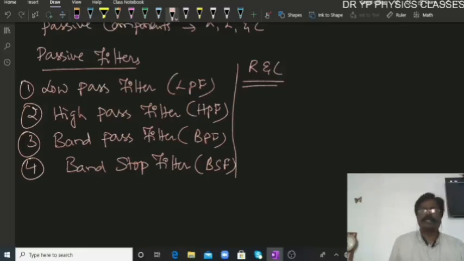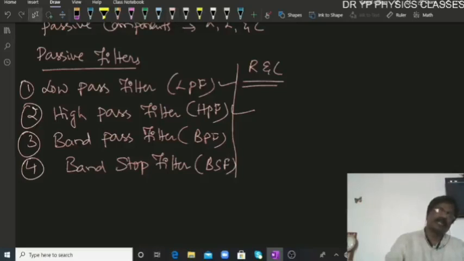Mainly we have to discuss only 2 filters, that is low pass filter and high pass filter, how it is designed and how it is working, and what is the expression for the cutoff frequency, and what are the differences between the low pass filter and the high pass filters. All these things we have to discuss. Let us discuss these things one by one.